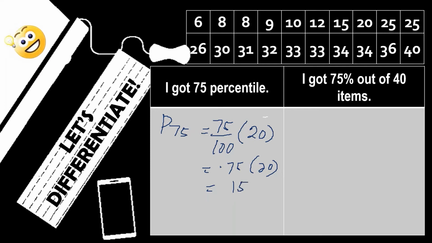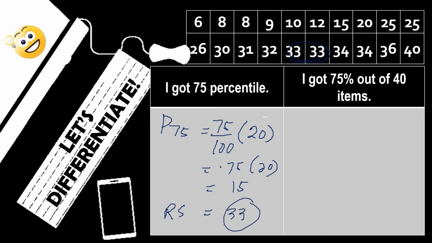Since this is a whole number, we have to consider the 15th and 16th score. Counting all this will give us 33 as the 15th and 16th score. So the same 33, when you get the average, is also 33. So the raw score of 75 percentile is 33.